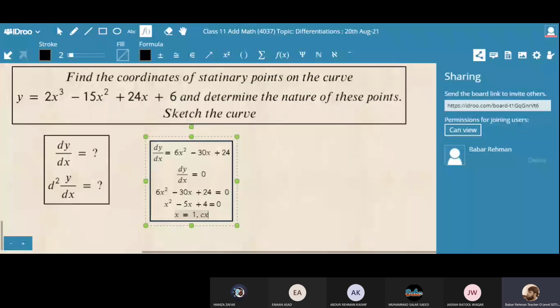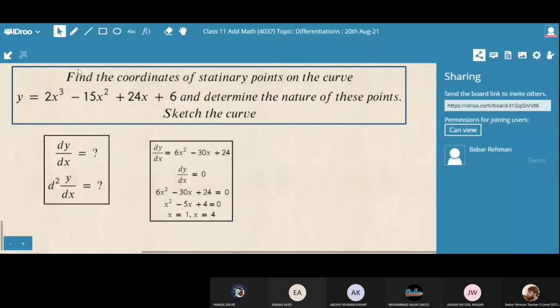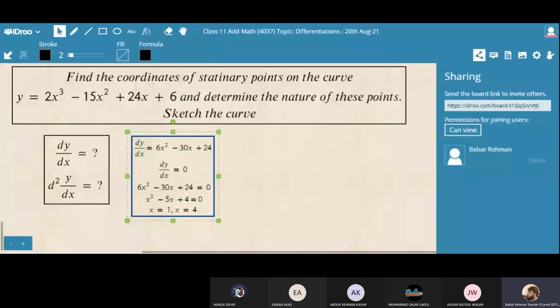So now what we will do? We have two values. We will input them in the double derivative. Now we find the double derivative, and we can also find the turning points as well.